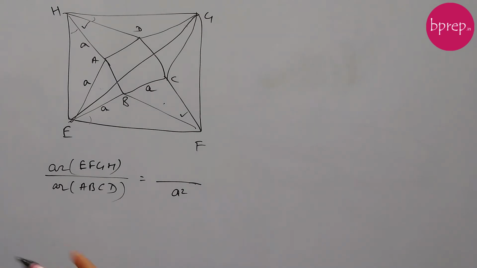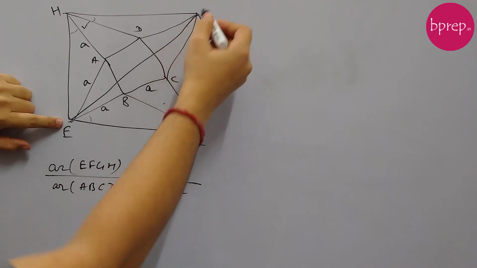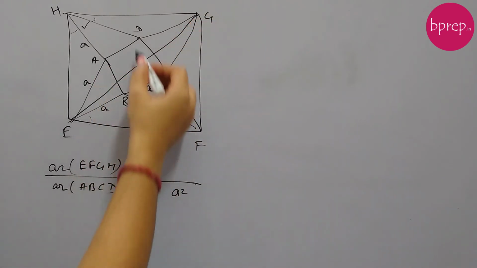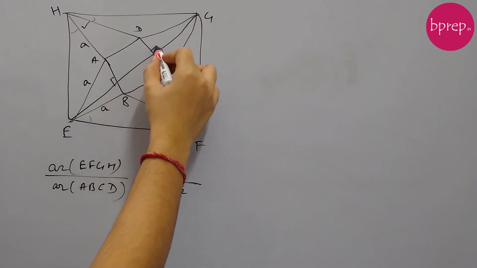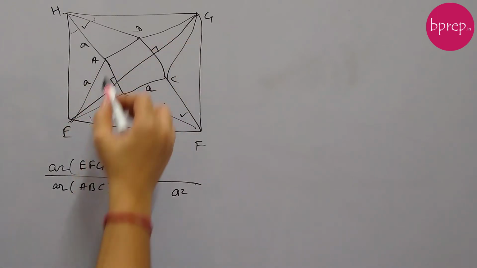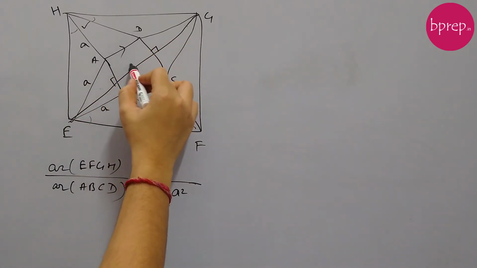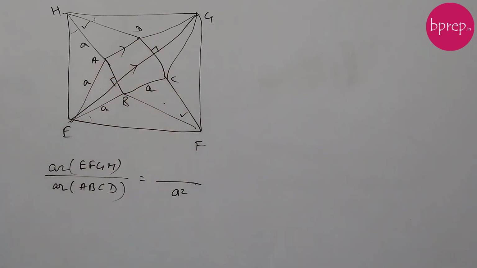Okay, so what does it mean? It means that the diagonal EG will bisect ABCD as well as it will be perpendicular to these two sides. Okay, so if this is perpendicular to these two sides, this line or the diagonal EG will be parallel to AD or BC, right?